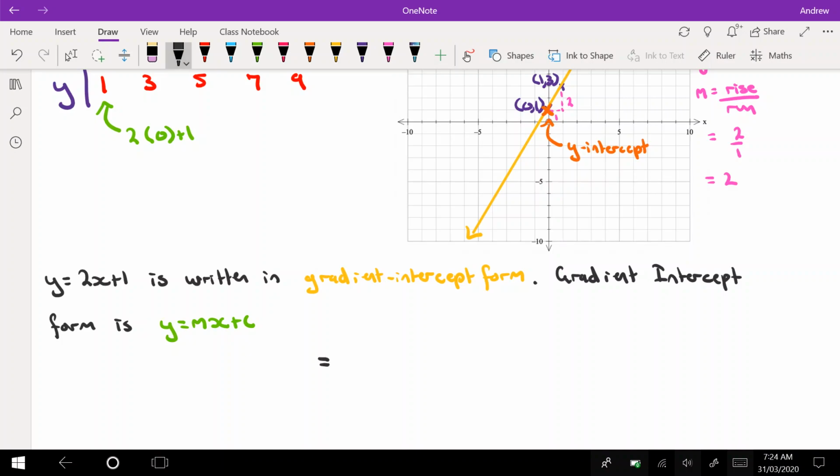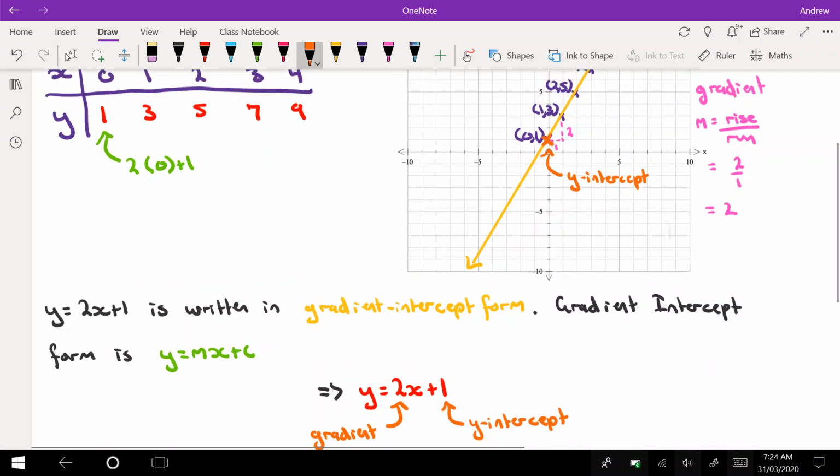So if I go back and I write my first equation, my y equals 2x plus 1, well, following my gradient-intercept form, 2 should be the gradient, and 1 should be my y-intercept, where the line cuts the y-axis.